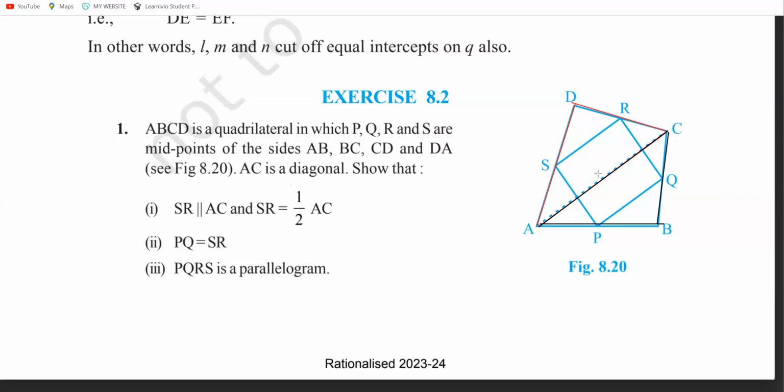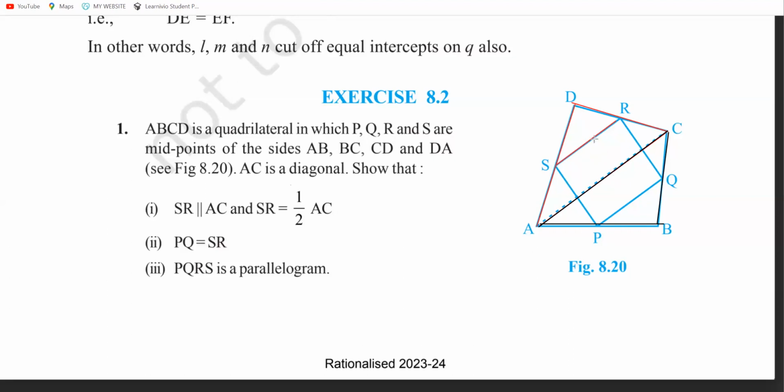So you can easily prove the first one. Now, how can you prove that SR is equal to PQ? We have to prove SRQP is a parallelogram. Since you have proved that this side is parallel to this side.